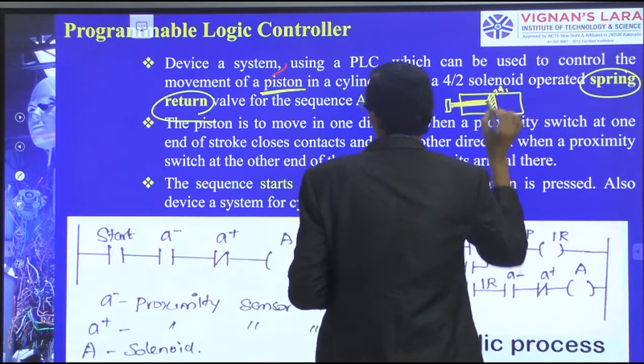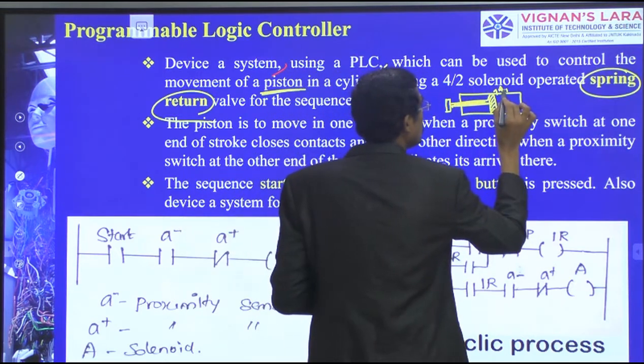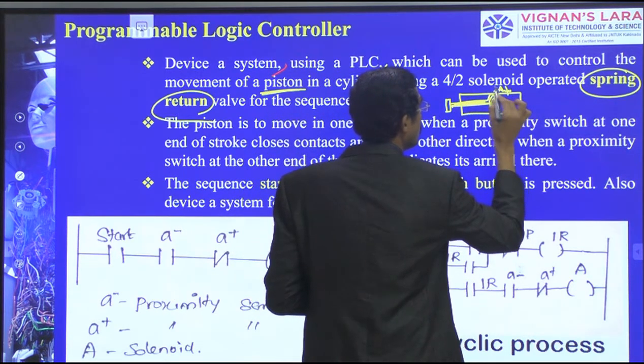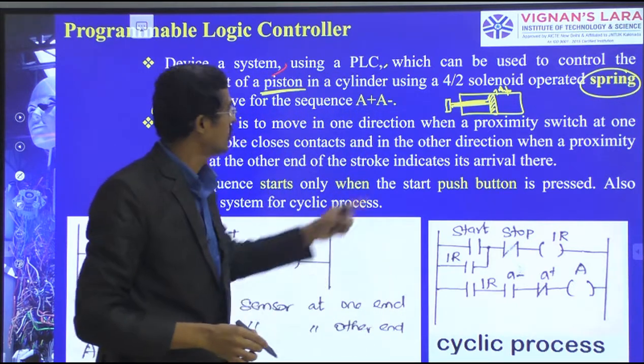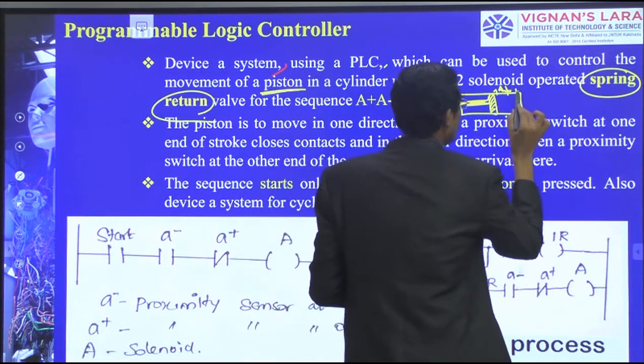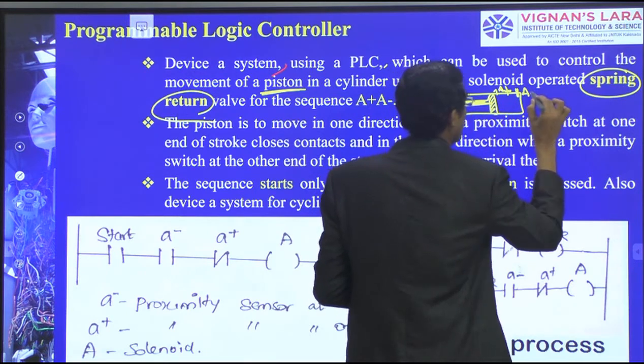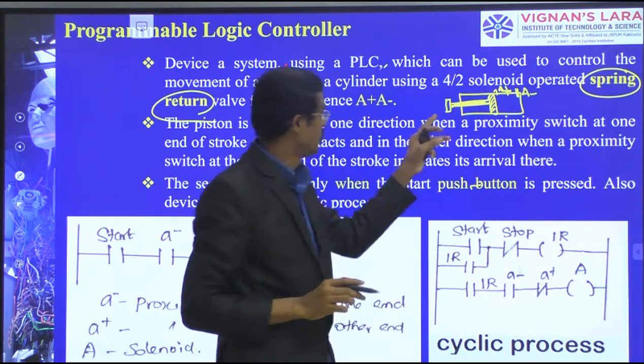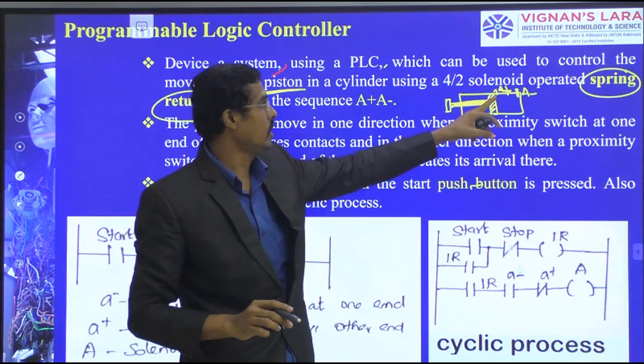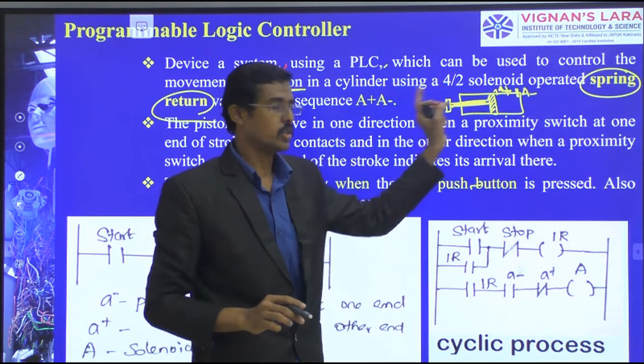I am mentioning this as A plus, and the last position, this point, I am mentioning as A minus. When the piston is moved, it should move from A1 to A minus.